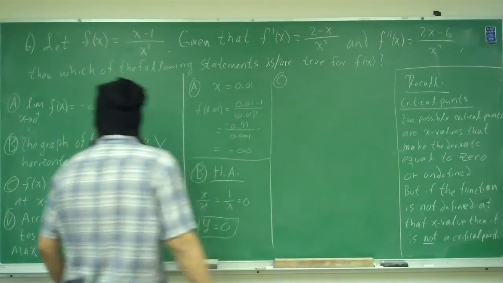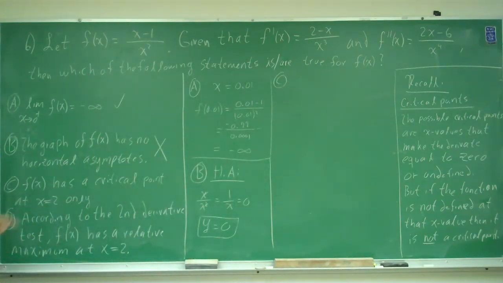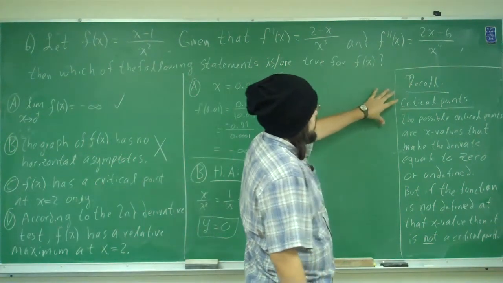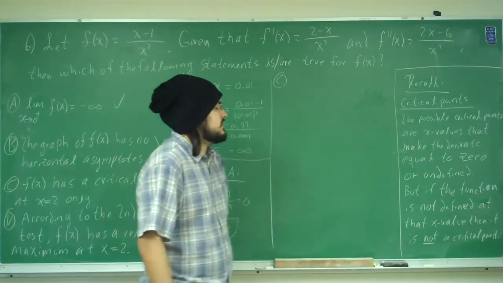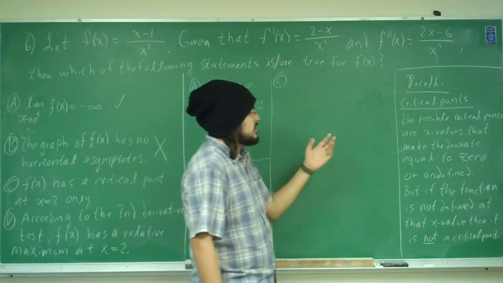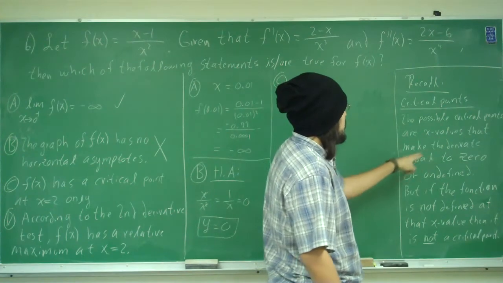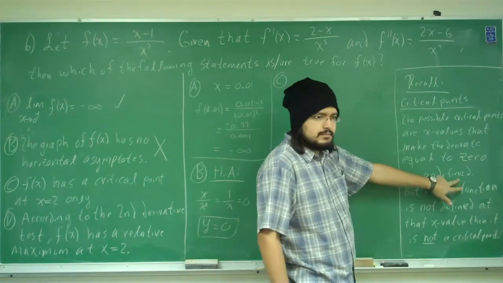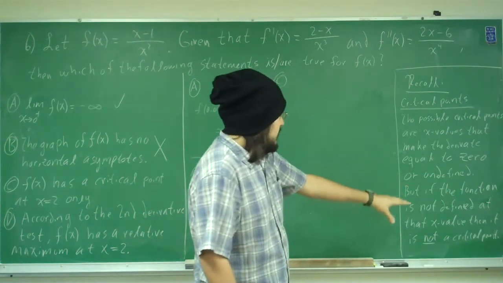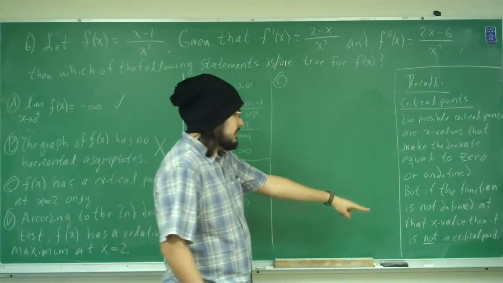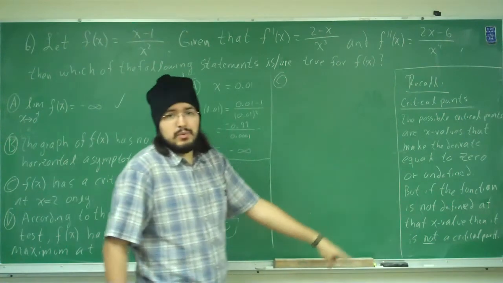C says f of x has a critical point at x equals 2 only. Right over here I recalled the idea of critical points. The possible critical points are x values that make the derivative equal to 0 or undefined. But if the function is not defined at those x values, then it is not a critical point.